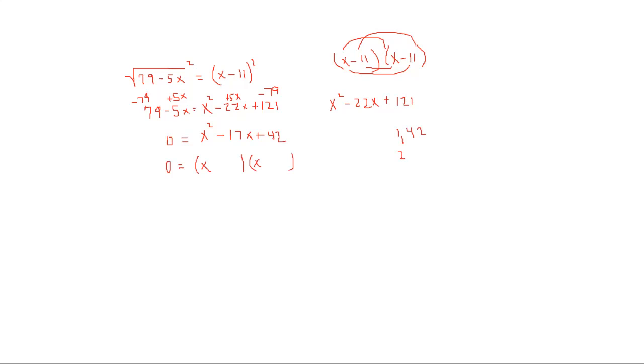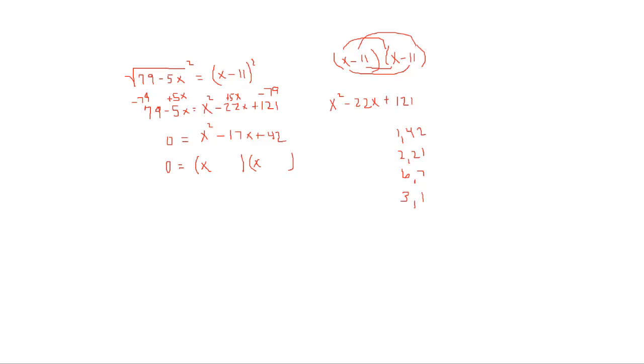2 and 21. Can't get a 17 out of that. 6 times 7 is not going to work. So what is going to do it? What can we use to figure this out? Let's keep looking here. What about 3 and 14?